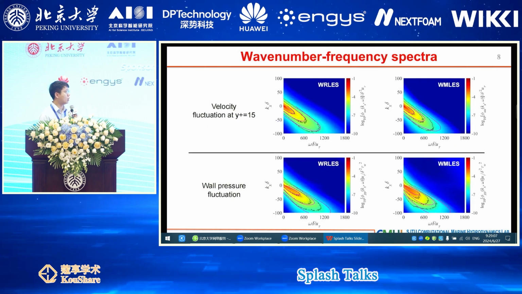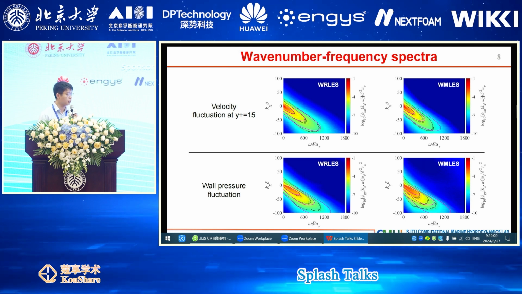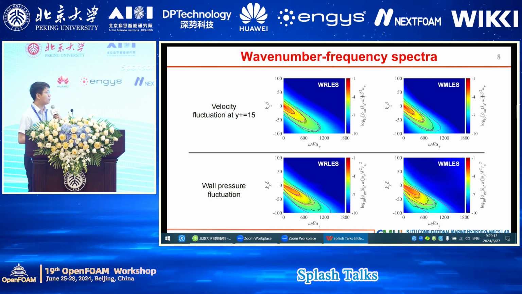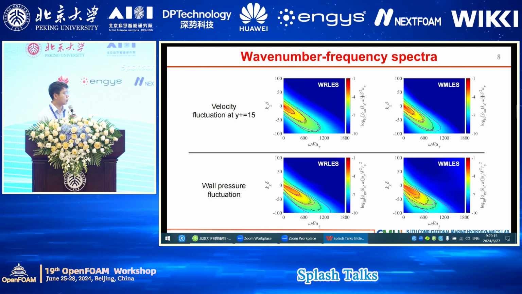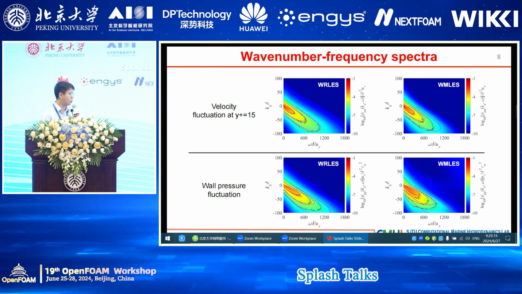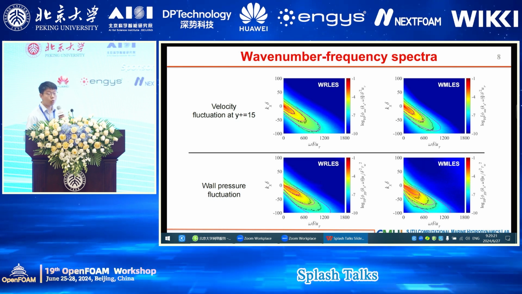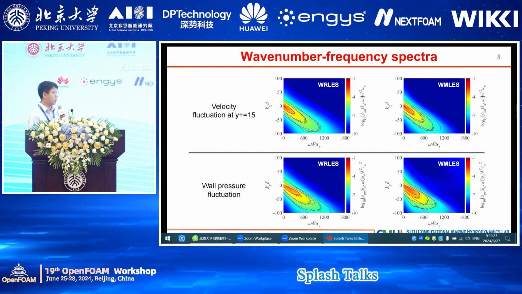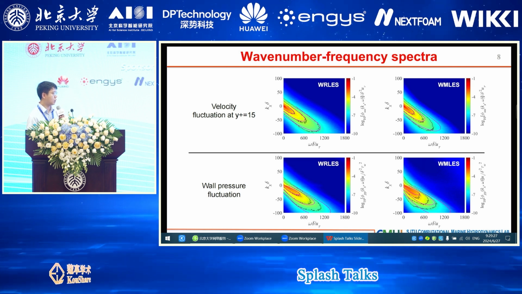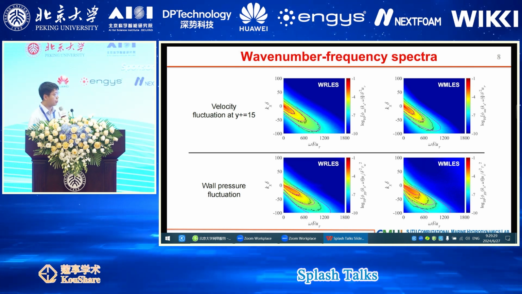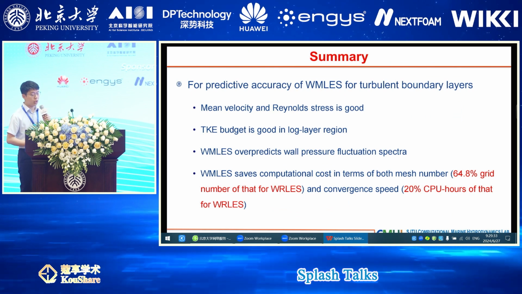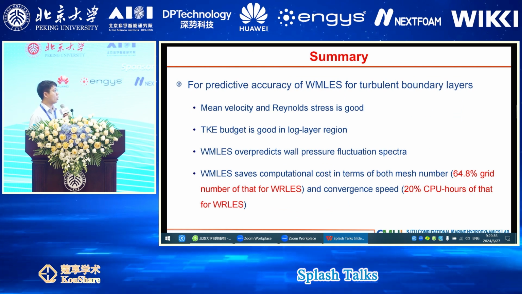And these are the two-dimensional spectra, which present the space-time correlations. For the velocity fluctuations, the wall-modeled LES is not very bad, but for the wall pressure fluctuation, wall-modeled LES has some deviations compared with the DNS result. So in summary, we have conducted wall-modeled LES for turbulent boundary layers.